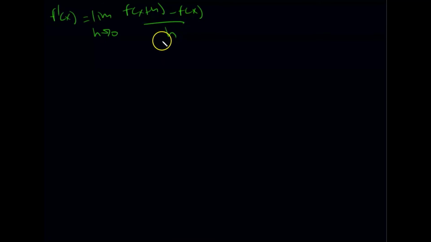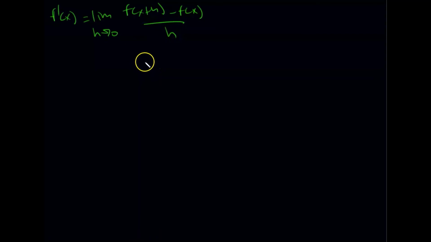Once again, the difference quotient says that the derivative of a function f of x equals the limit as h approaches 0 of f of x plus h minus f of x all over h.